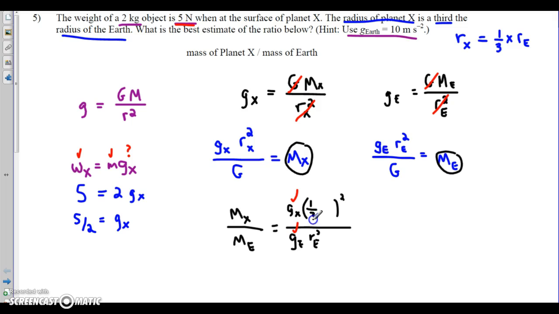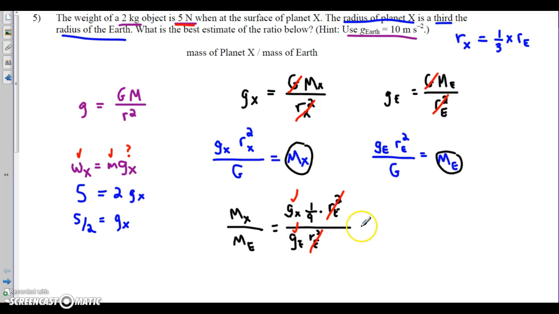1/3 r Earth. I distribute the squared to all of the factors in the parentheses. This becomes 1/9. This becomes r Earth squared. And what do we have now? We have 1/9, and we have r Earth squared. And voila, almost like magic, the r Earth squareds cancel out.